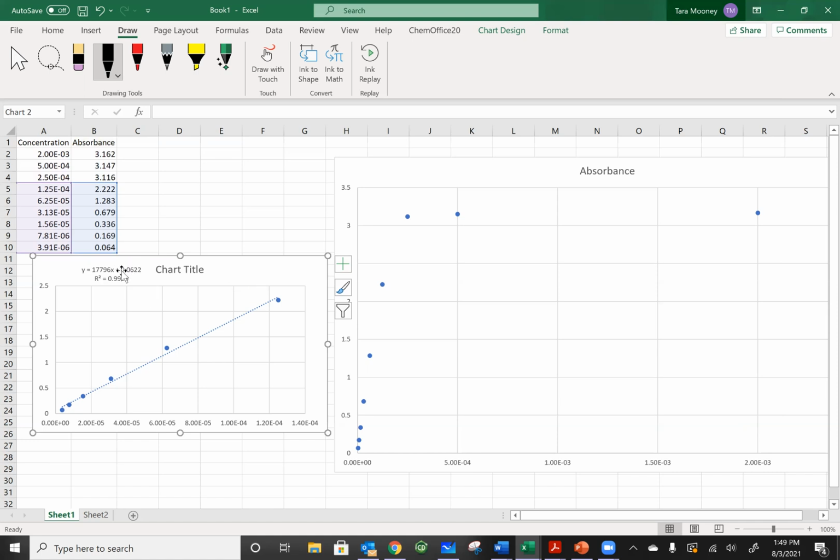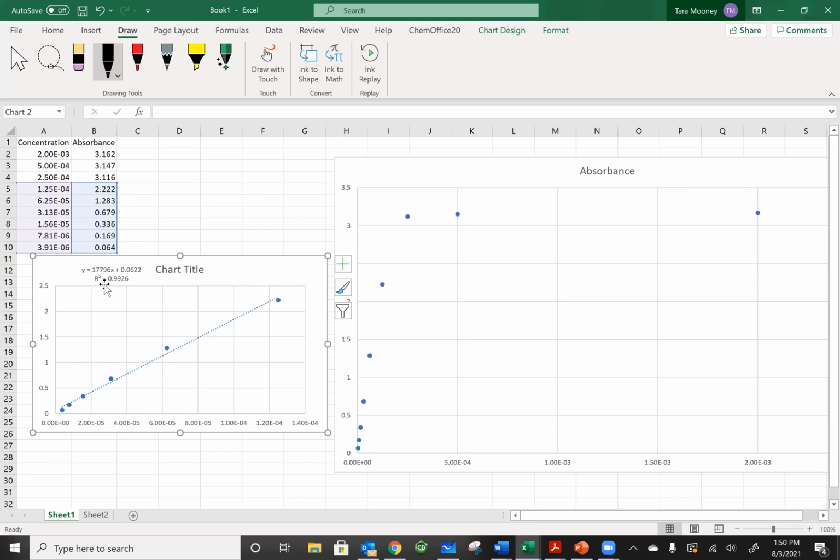Because we have a positive y-intercept, our readings are a little bit off. If we substitute 0 in for x, then y is going to equal a positive value. If our concentration is 0, there shouldn't be any absorbance. So that tells us our readings are a little bit off.